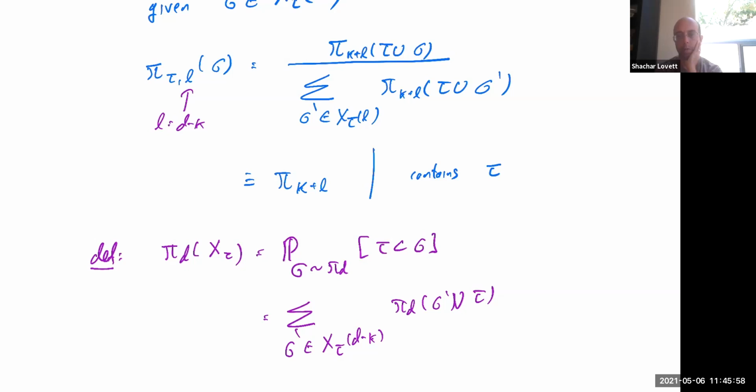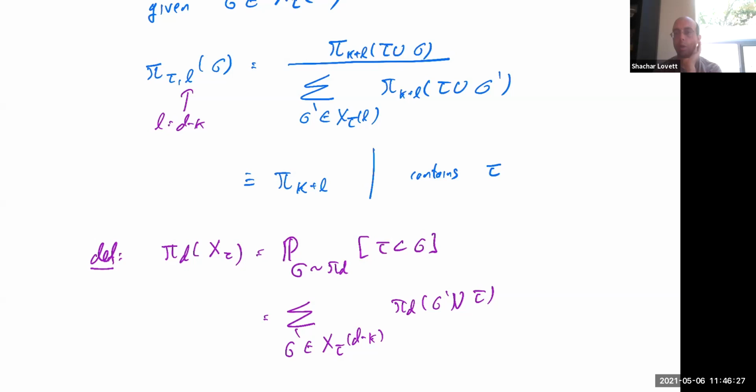Again, we make this definition because we're always going to have this type of denominator come up when we look at conditional distributions, the induced distributions inside links. Another comment is that the way we write a weighted simplicial complex is like this pair X, pi, but sometimes we just won't write pi when it's clear from the context.